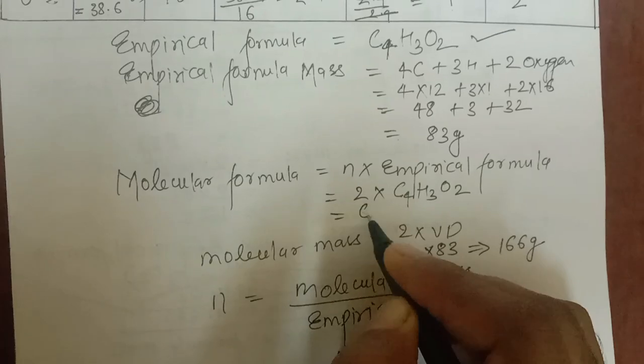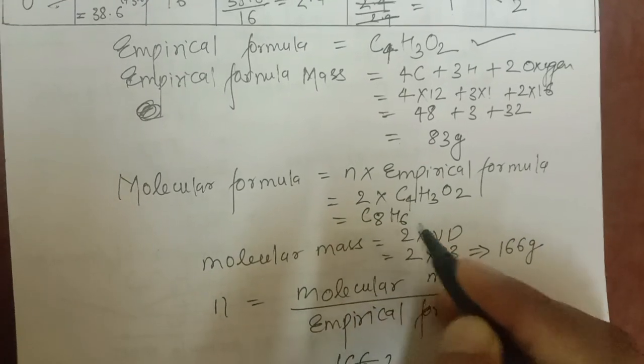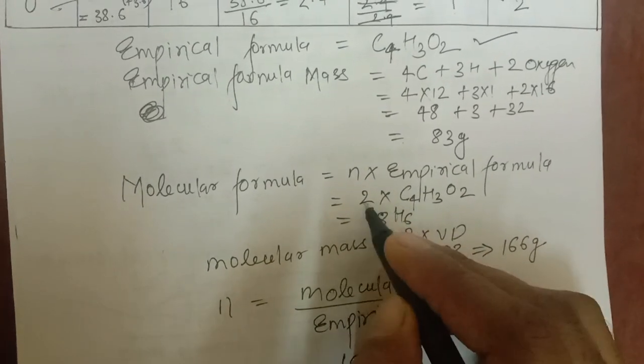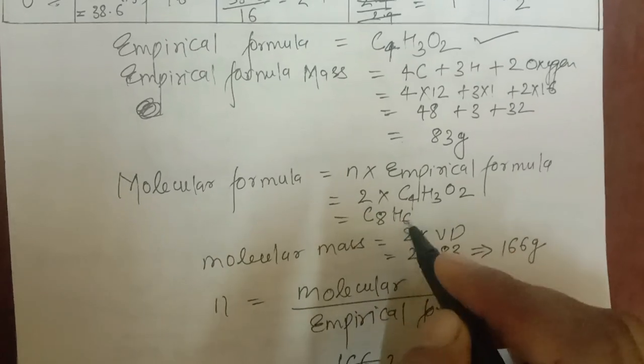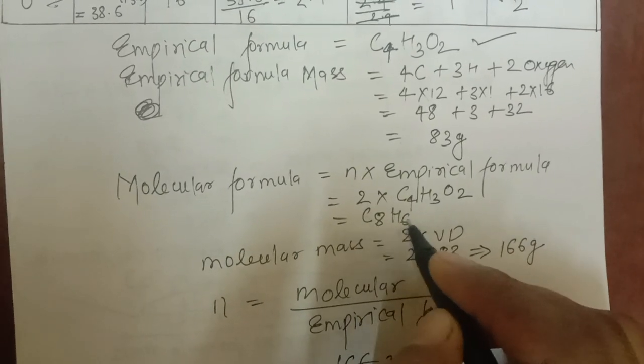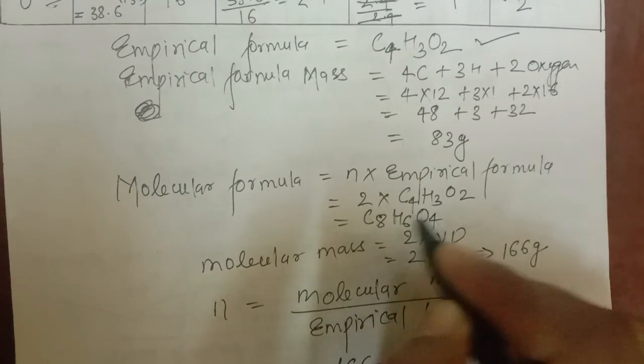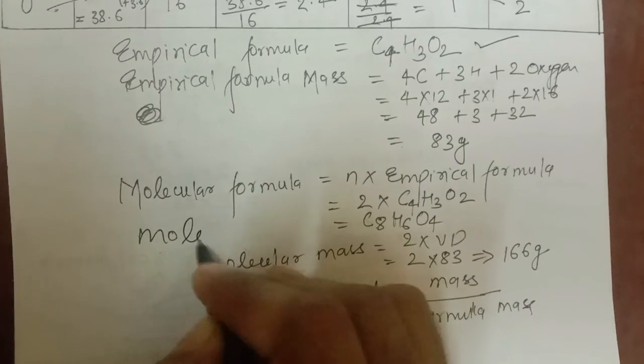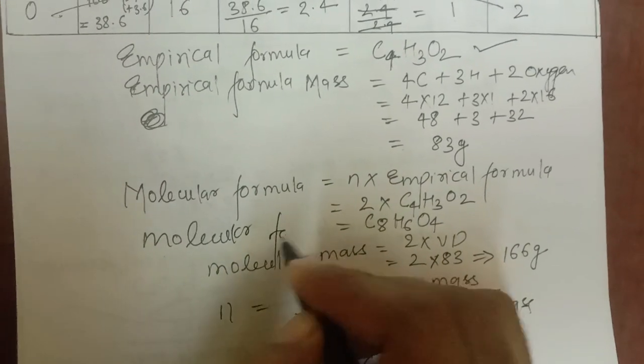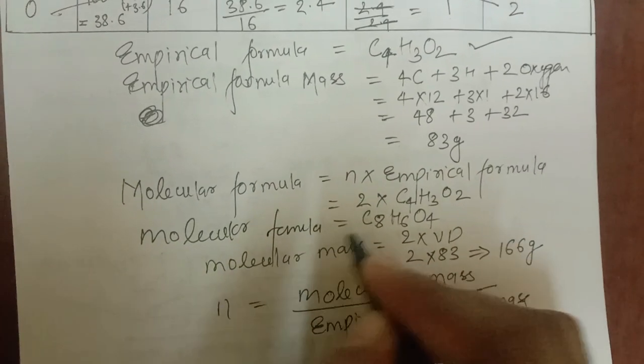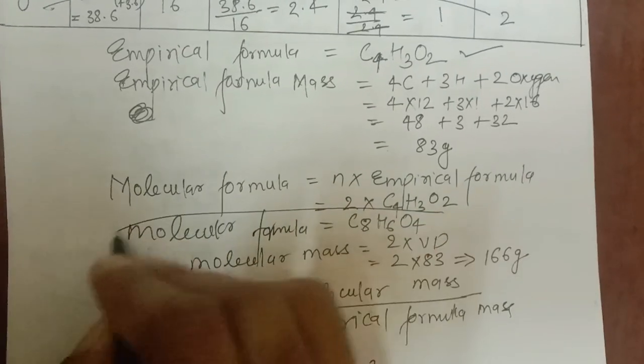So we will multiply: C8, 2 fours are 8, 2 threes are 6, C8H6O4. So students, this is the molecular formula. So this is the answer.